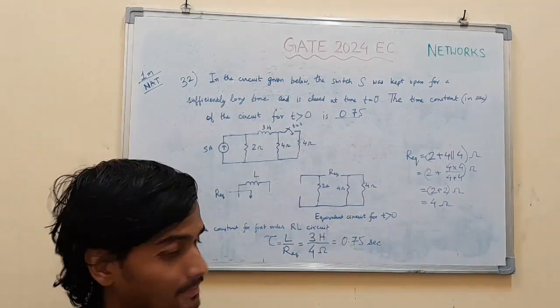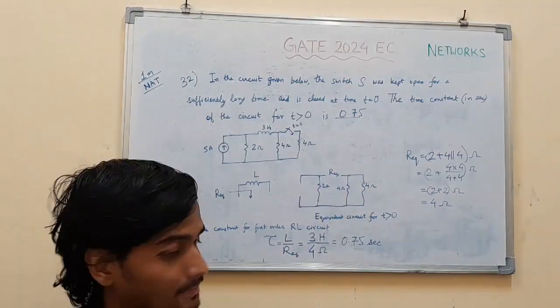The definition equations basically: I1 equal to y11 V1 plus y12 V2, and I2 equal to y21 V1 plus y22 V2. These are the defining equations of Y parameters. Now we will apply circuit analysis to this given two-port network.